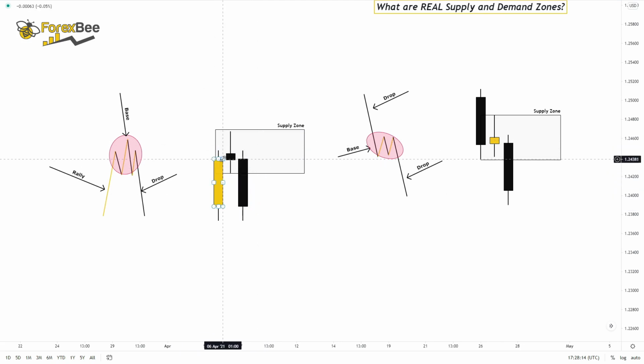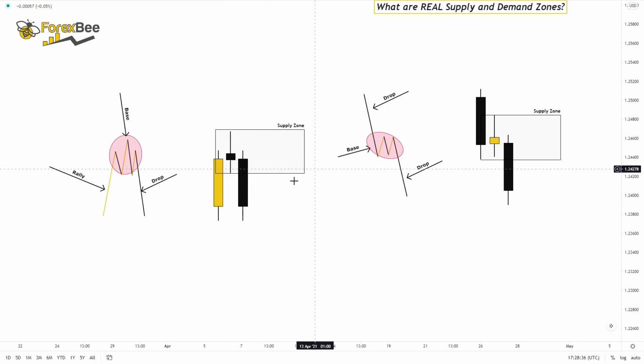There was enough supply that it let the sellers take control of the market, because when the price is moving up and the candle is bullish, the buyers are in control, but when the price is moving down and people are selling, the sellers are in control.